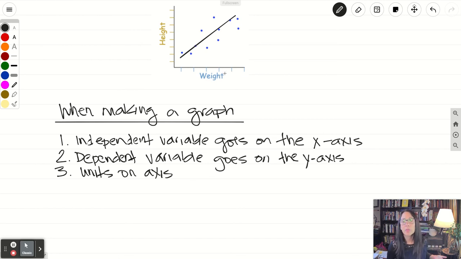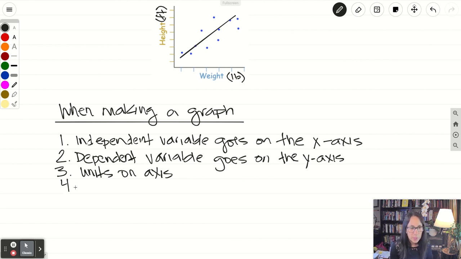So we don't know if this is in grams or kilograms or pounds. What you normally do is in parentheses, put what it's measured in. This helps the person reading it understand whether this is a small weight or a large weight. And then up here, height, we would just say feet, if this is measured in the United States, for example.